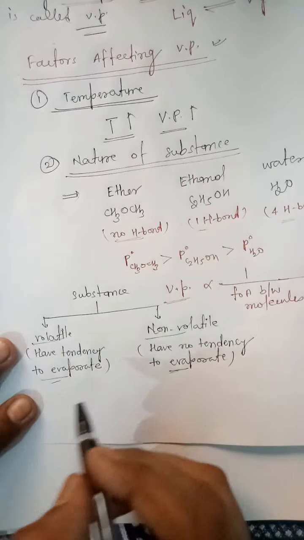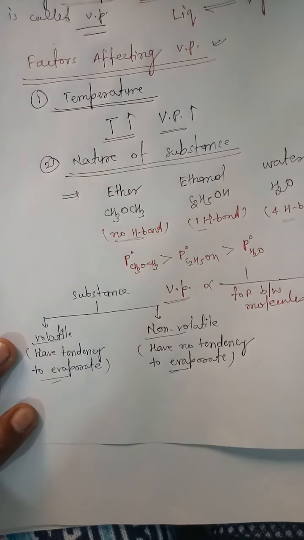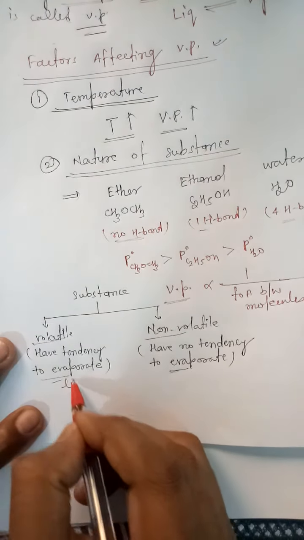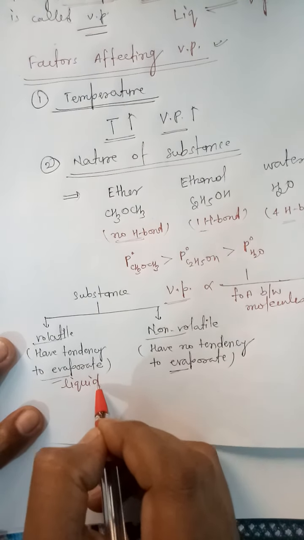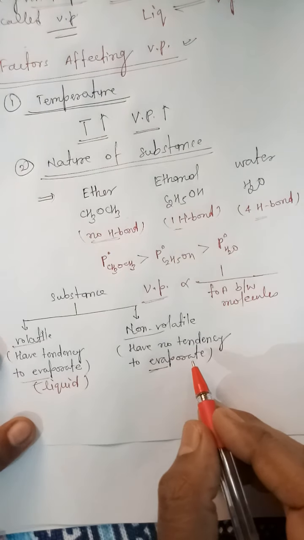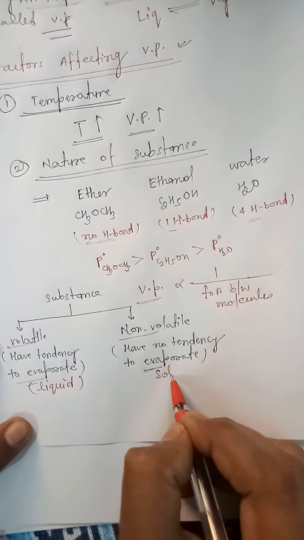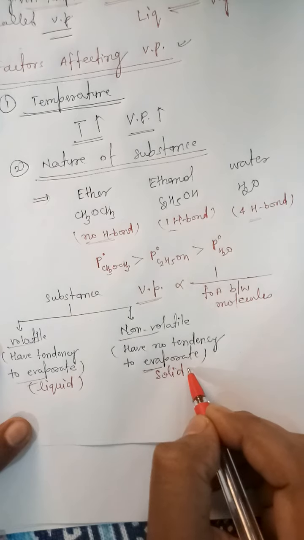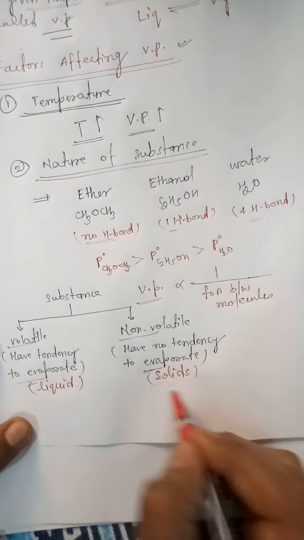So volatile substances are mainly liquids here. Liquids, we know very well, can form the vapor, they can evaporate. And non-volatiles, we can take solids. Solids are non-volatile, they will not form the vapor.